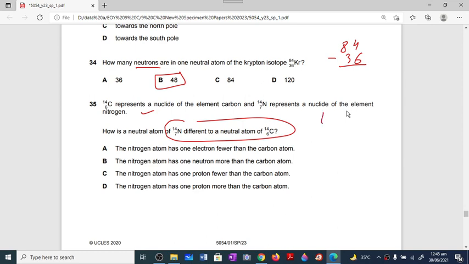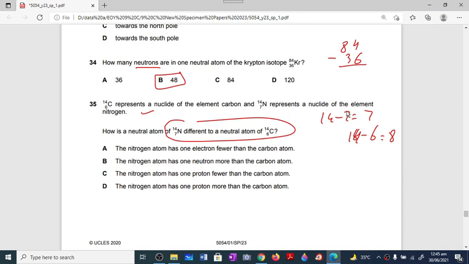You can see that 14 minus 7 will give you the number of neutrons 7, and 14 minus 6 gives you 8. These are the number of the neutrons.